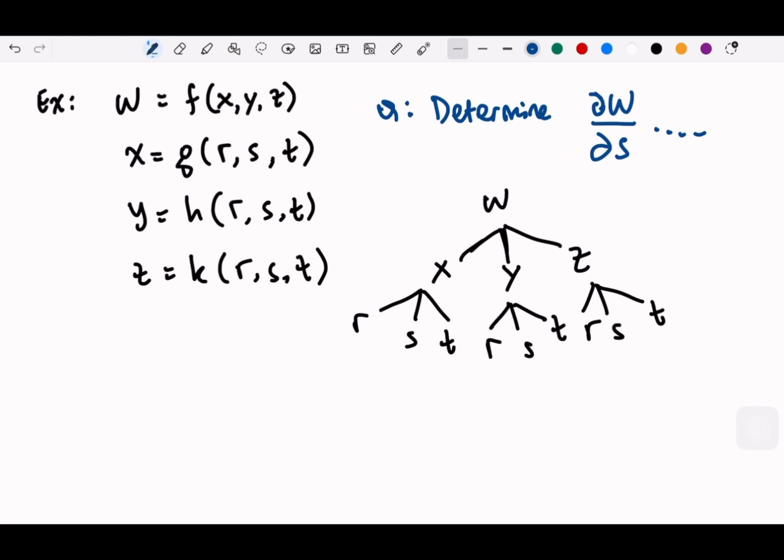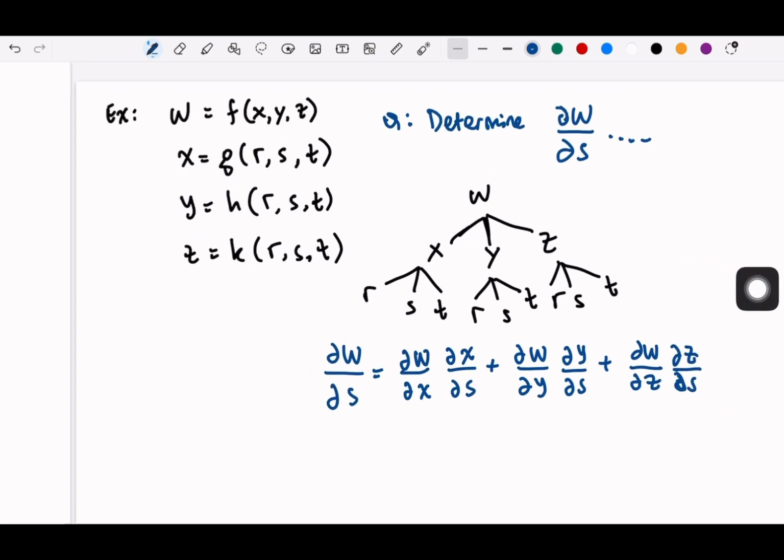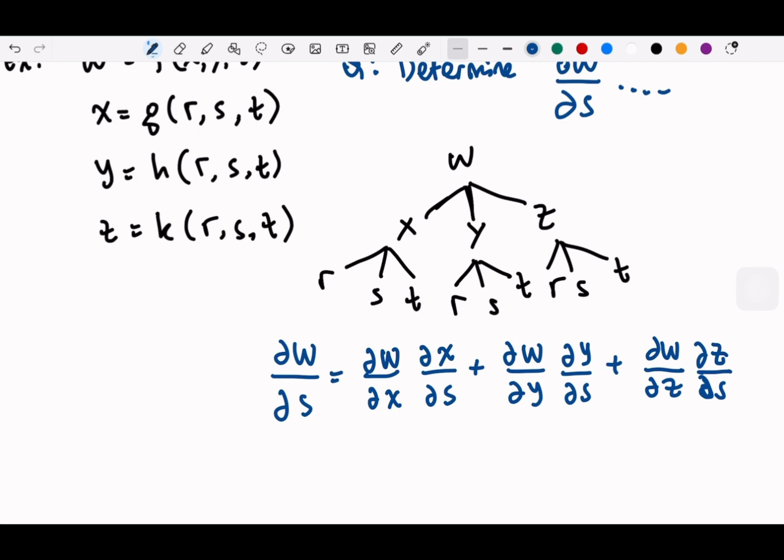So 3 components. So we can write, okay, that's it.